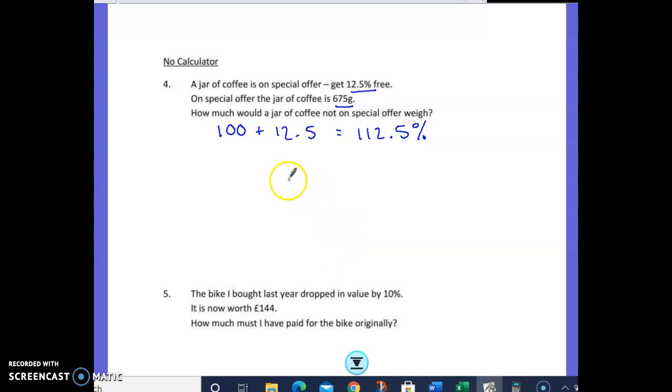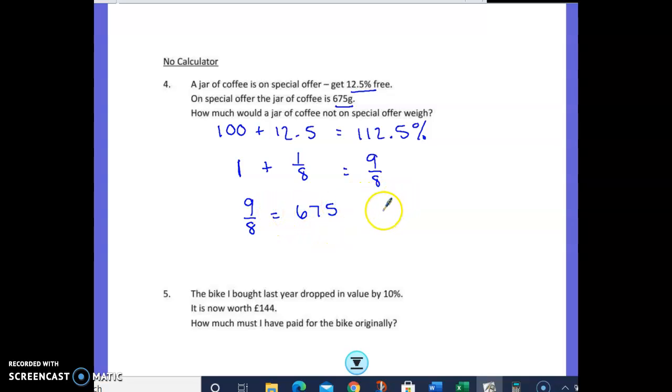So this way is probably better if you go from percentages into fractions. When we're talking about 100%, we're talking about one whole. 12.5% is an eighth. So if we've got 1 add an eighth, we've got 9 eighths. So 9 eighths is my 675 grams.